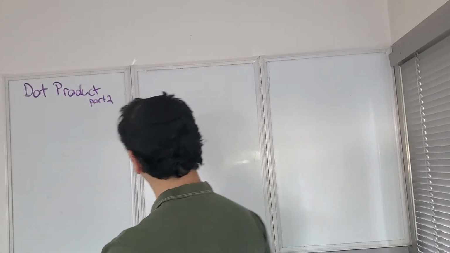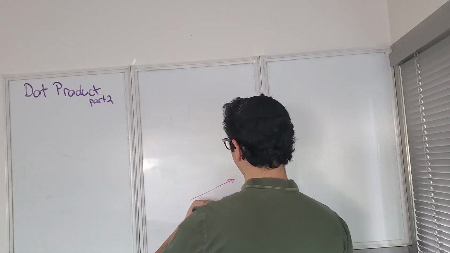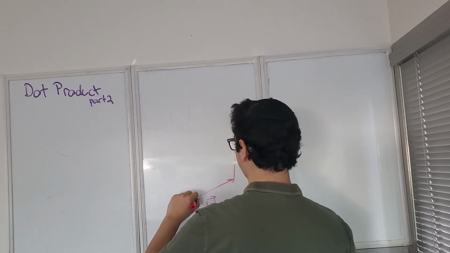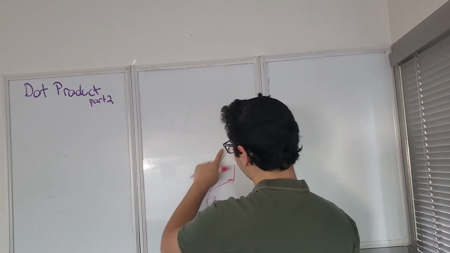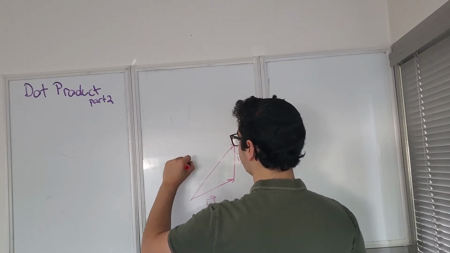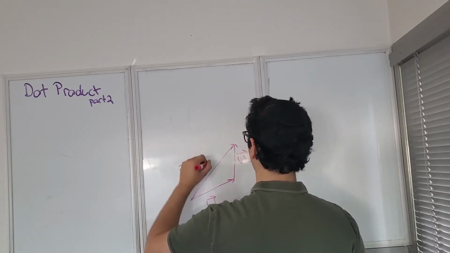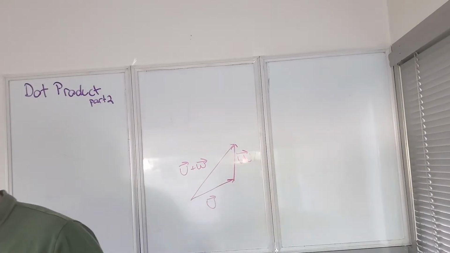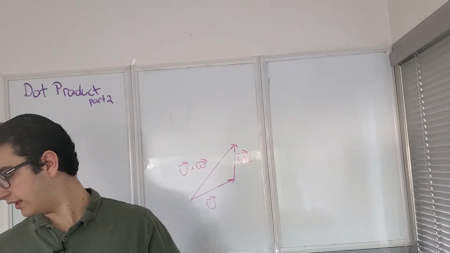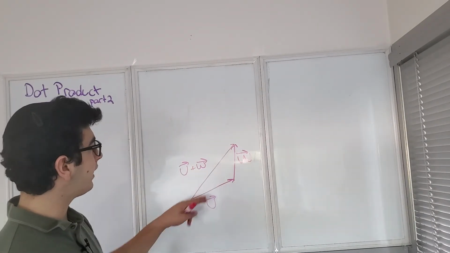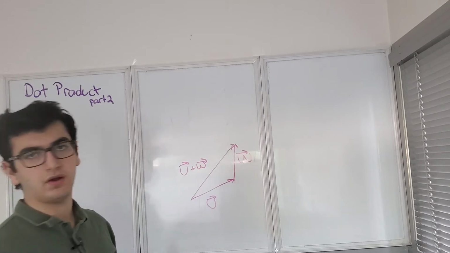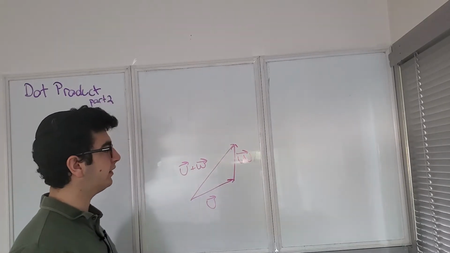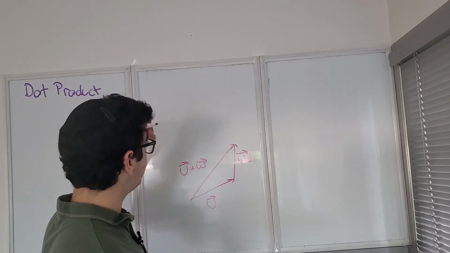Now we can go on to doing some addition with multiple vectors. If I have a vector u and a vector w over here, then this vector over here is just the u vector plus the w vector. Nothing too special to it. Just like I was saying before, I can move around all of the vectors and they're still the same vector because they still have the same magnitude and the same direction.